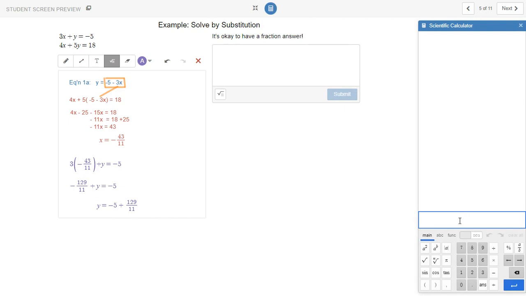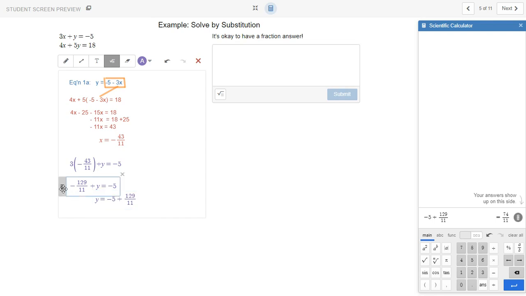Let's use a calculator to solve these fractions. Negative 5 plus 129 over 11, it's given us a decimal number, but we can hit the button at the end to convert it into a fraction.